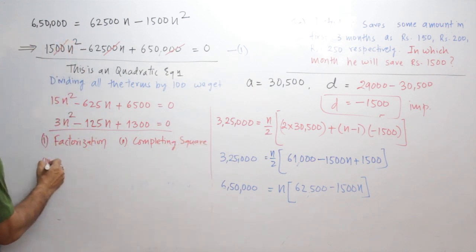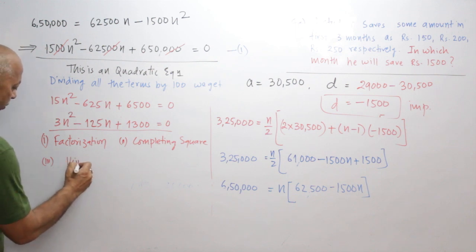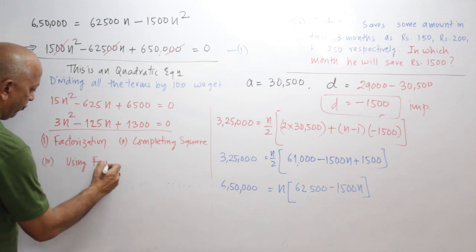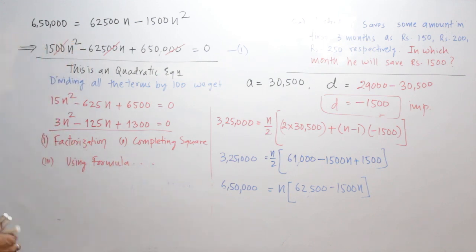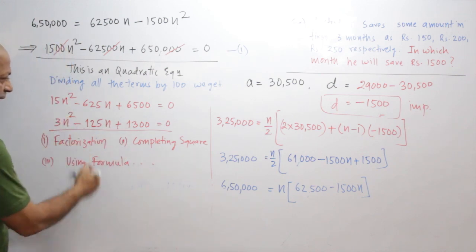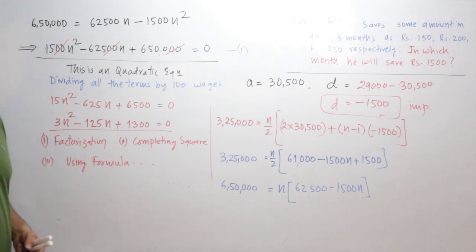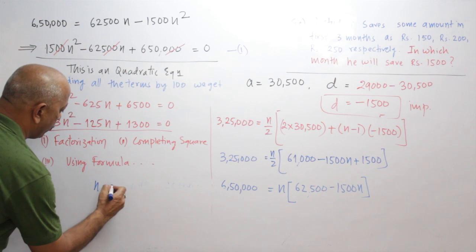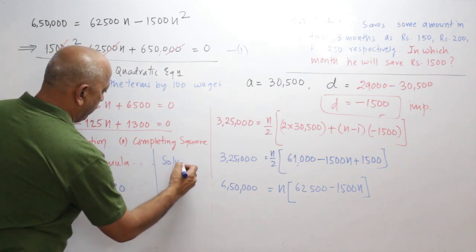Or third, you can solve by using the formula. So solve this equation by any of these methods. You know the method. I am not going to solve it here, and the answer you will get is n is equal to 20. So you solve this yourself.